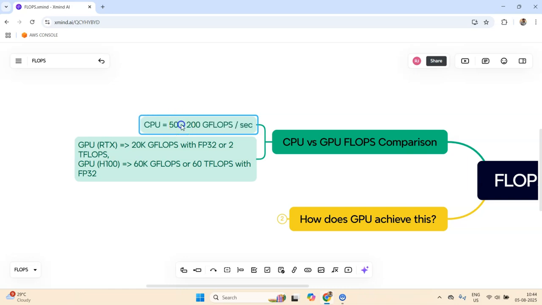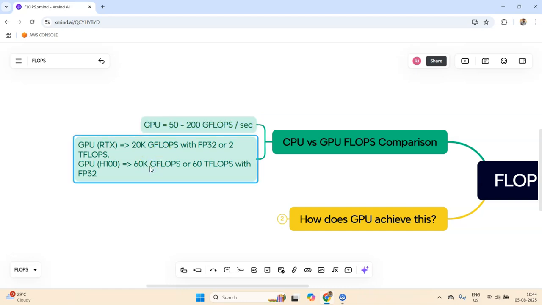So in 1 second it can do this many operations. Okay, now what about GPUs? Look at the power of GPUs. GPUs come in a variety of formats, and they are mostly produced by Nvidia. If I talk about RTX based GPUs, we are looking at 20k gigaflops. This is massive, right? 20,000 gigaflops.